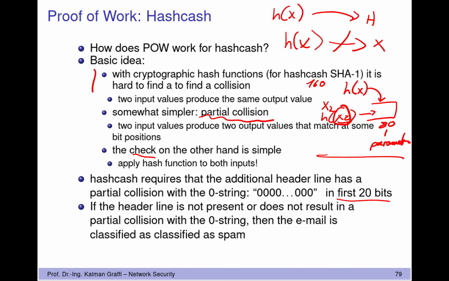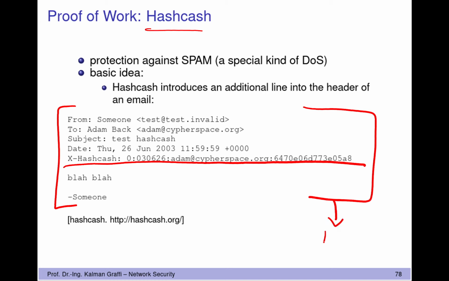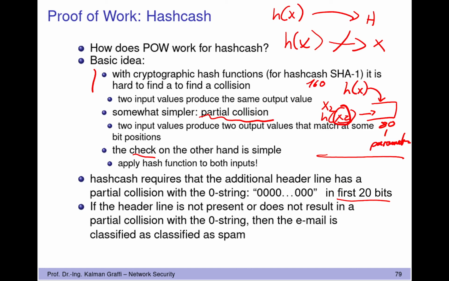It is required that by adding this additional header line, this specific header modifies the initial message. If you take that message and hash it, you get the first 20 bits as zeros. So you basically set the result to compare to zero. The hash should result in something that starts with 20 zeros.